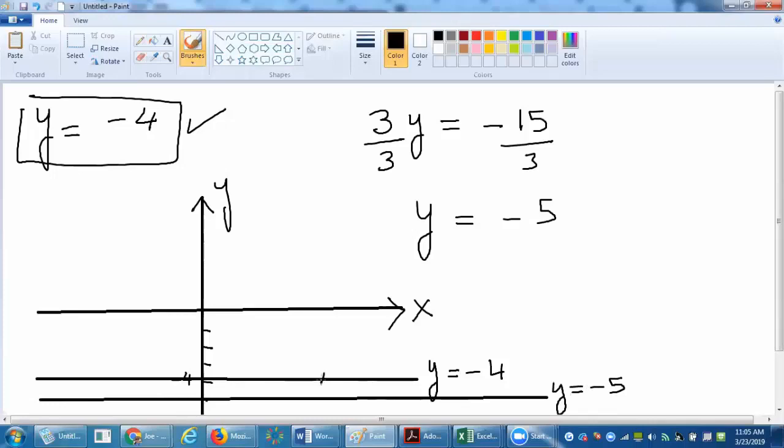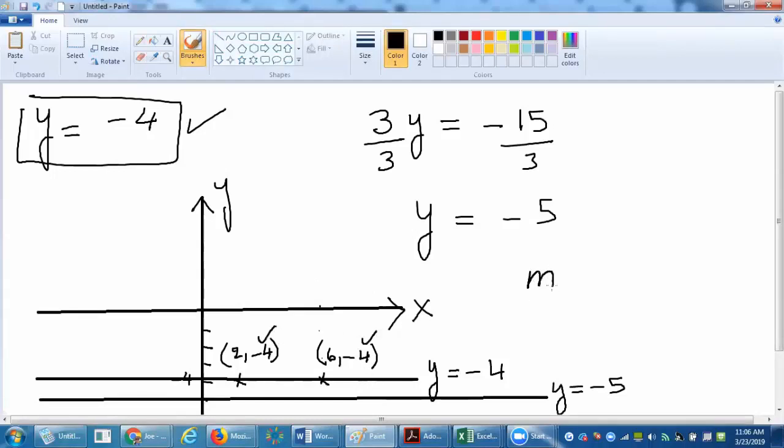Notice any point on this line will have the same y. Let's say x is 2 here, y is going to be negative 4. See here, x is maybe 6, but y is always negative 4. So that's exactly the opposite of a vertical line. With a vertical line, x is always constant. With a horizontal line, y is always constant.